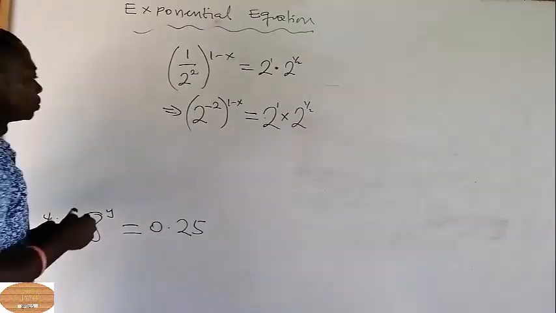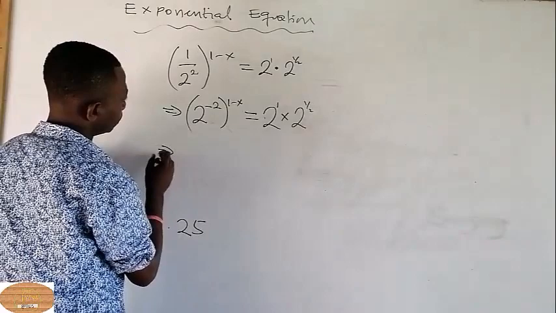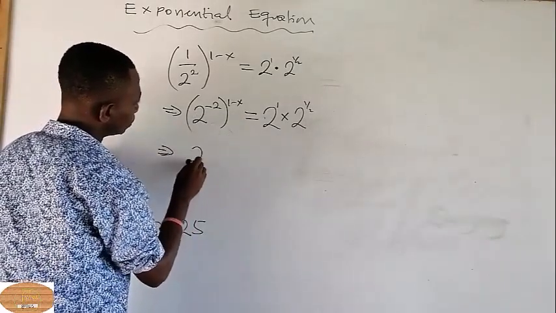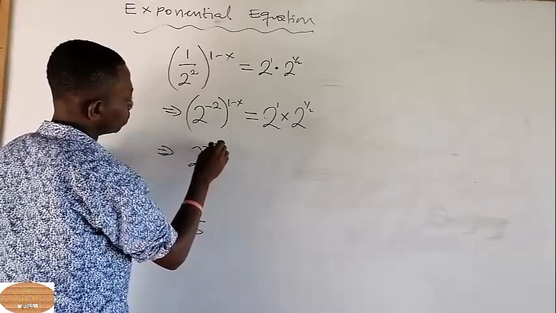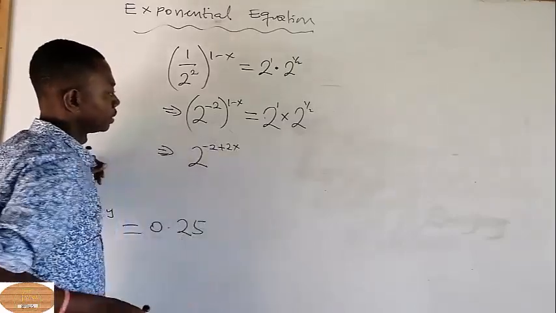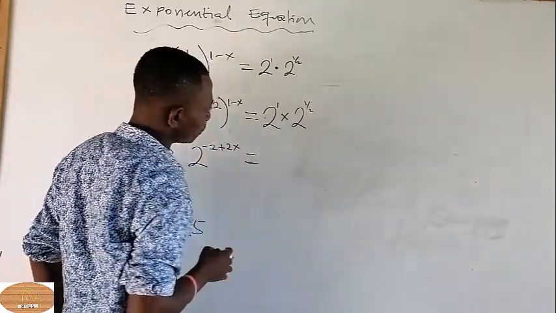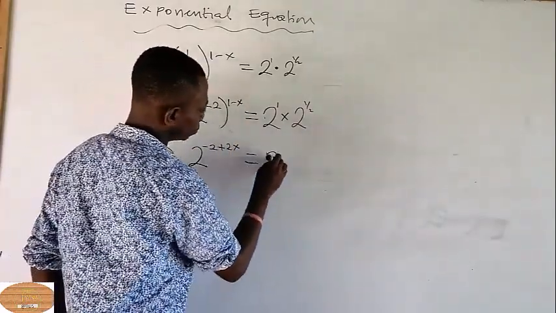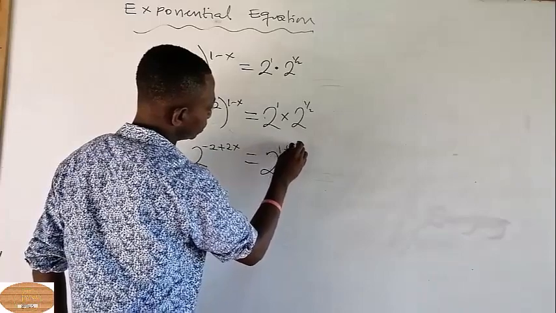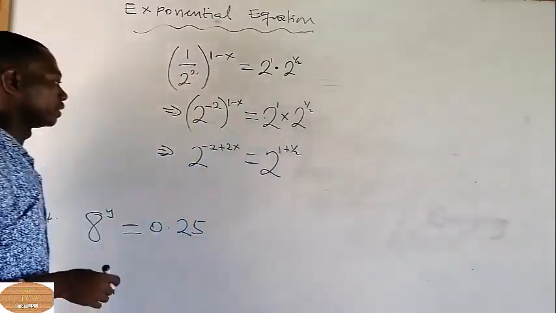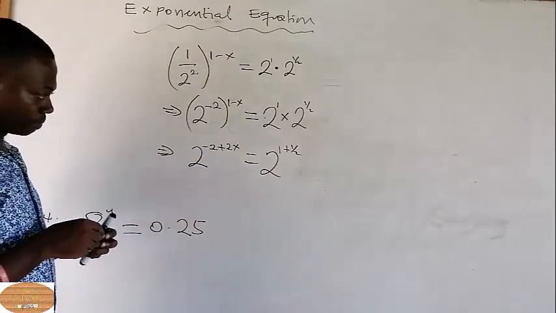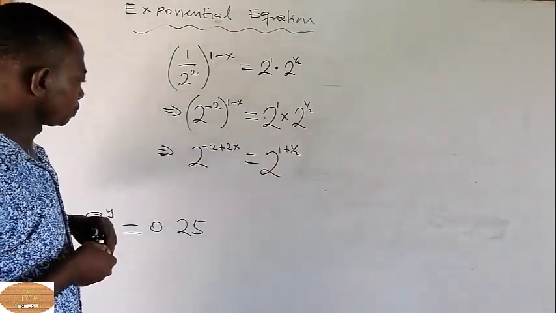Alright. So I have, so let me expand the exponent. So minus 2 plus 2x equals, so law of indices multiplication, we add the exponents. So 2, 1 plus half. Okay, I have that. Alright. So 1 plus half is 3 over 2.